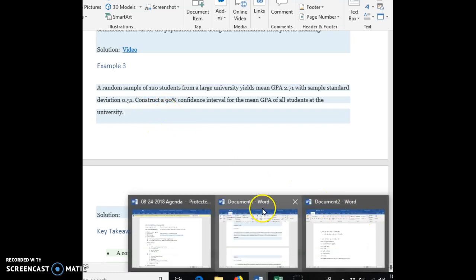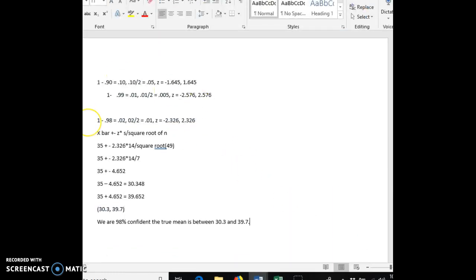Now, the truth is, we can take a little bit of liberty here and go back to where we did a 90% confidence interval in example 1, and we got a z-value. Actually, we didn't do the whole confidence interval, but we already did the work for 90%. It's up here, and we got z-values of negative 1.645 and positive 1.645.